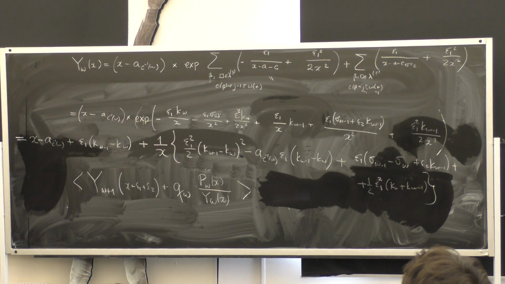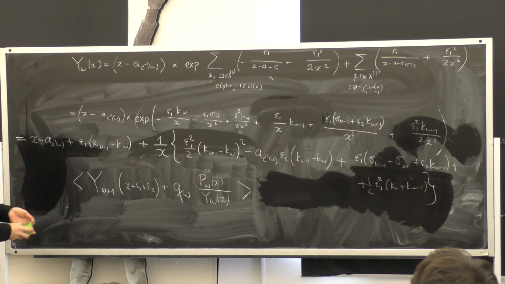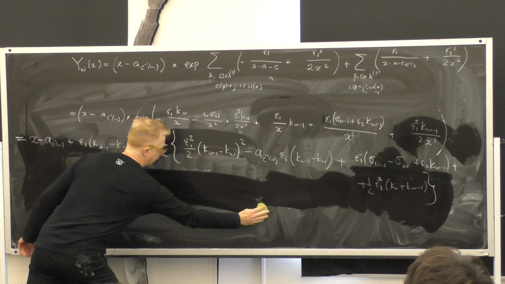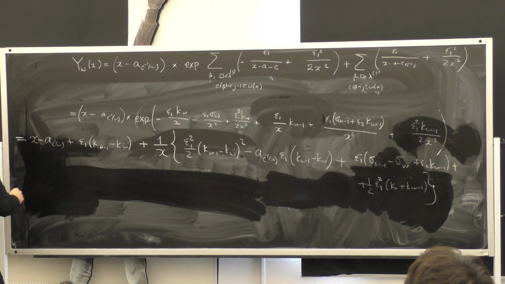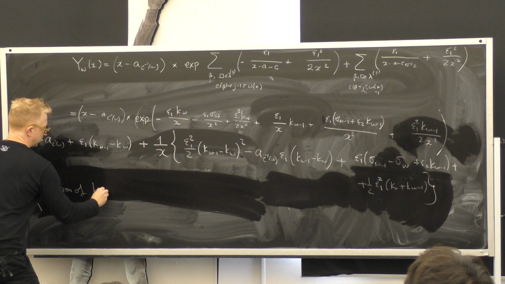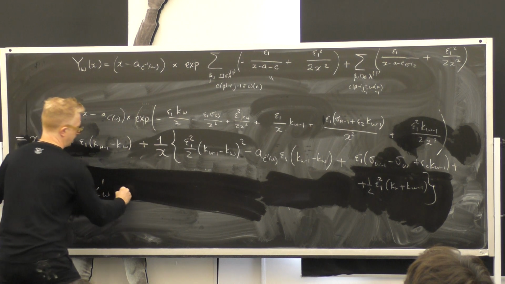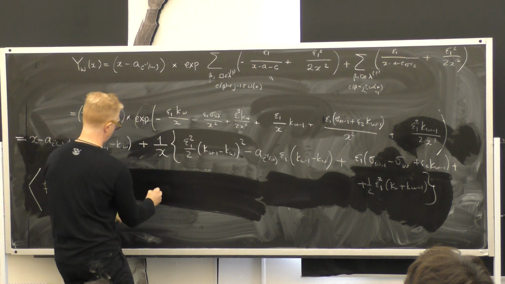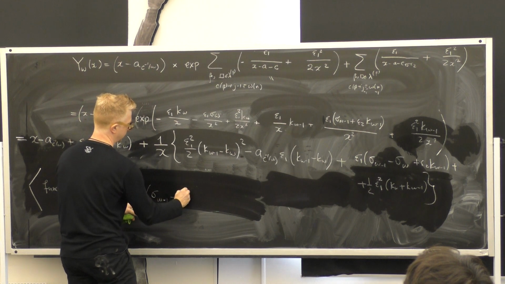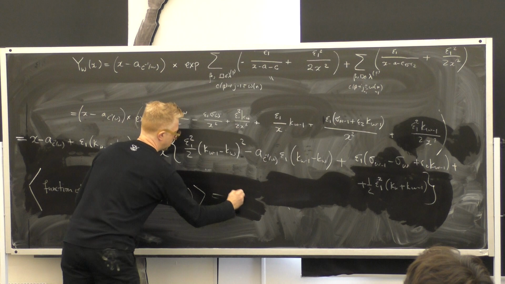All right, so we've learned an important thing. By doing what I just did, we obtain the following identity: the expectation value of some function of k's plus epsilon 1 sigma omega minus 1 sigma omega is equal to 0.